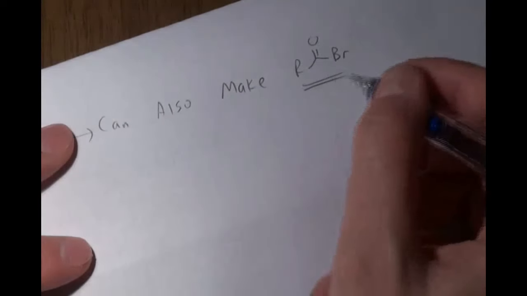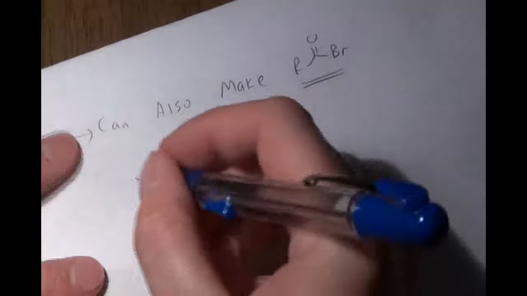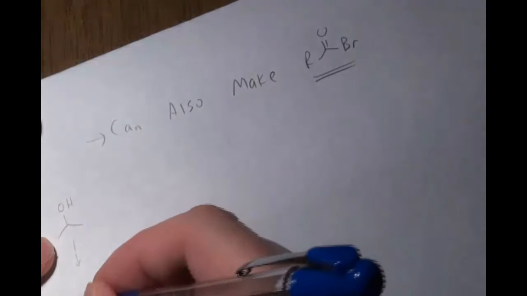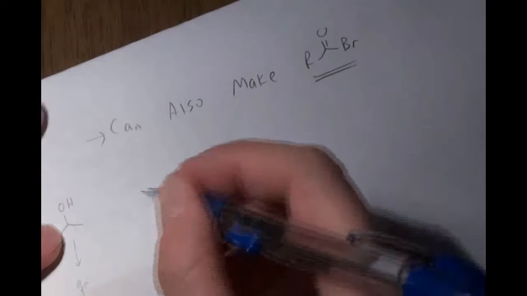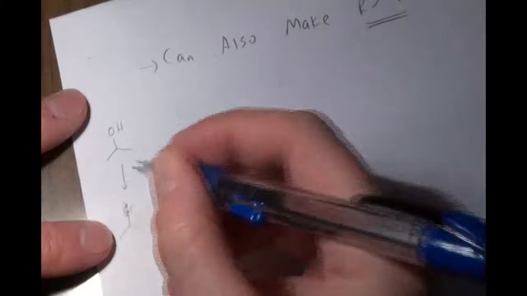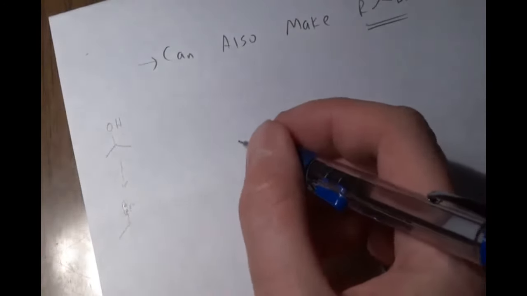Nobody really uses acid bromides that often, but nevertheless, because you learned also, how do we convert an alcohol to a bromide? We learned this in Organic 1 also. How do you convert an alcohol to a bromide? And the answer is PBr3, right?